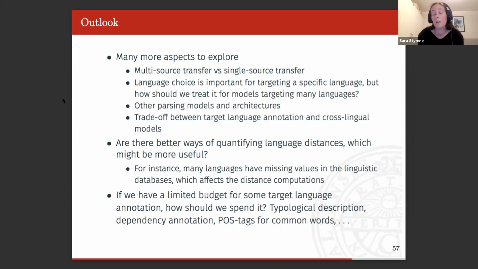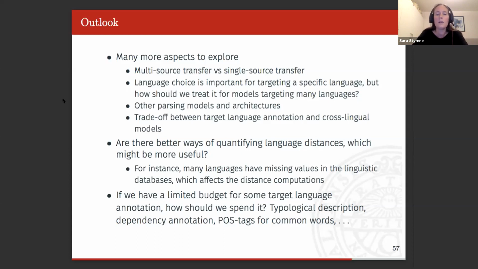It could be the case that this happens more often with low resource languages, but at the same time, many low resource languages are quite well documented by linguists. So it's not always the case that we have bad estimates there, but there's definitely an issue with these measures. And there could also be better measures that we didn't explore, or other aspects that are also important.